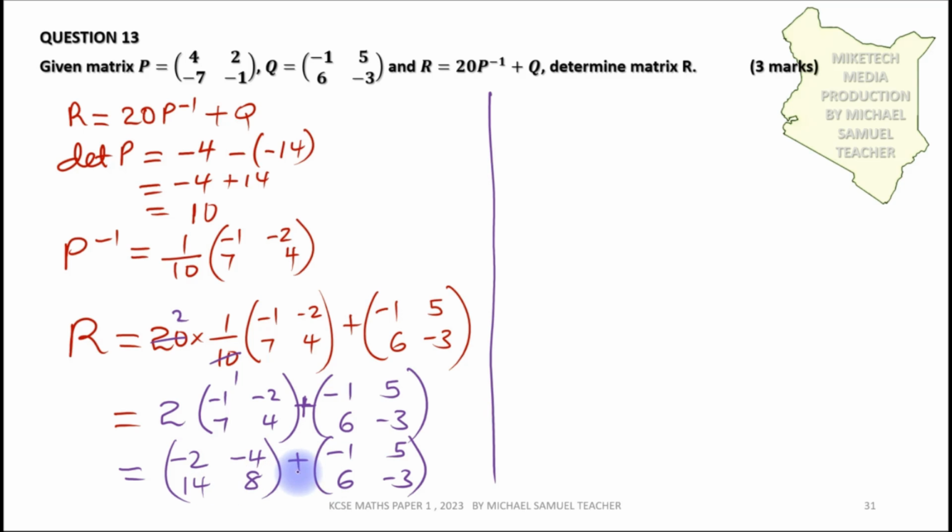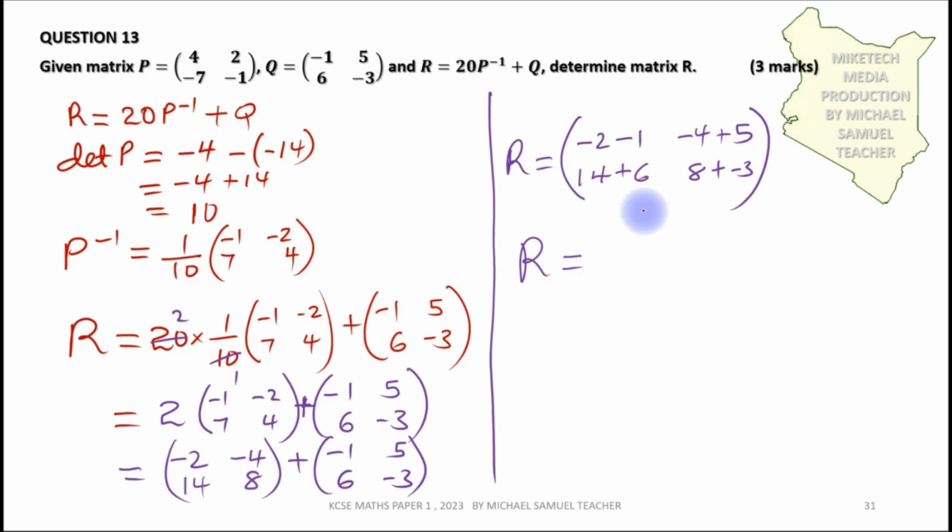So then we add corresponding elements. R will be equal to: minus 2 plus minus 1, then minus 4 plus 5, then 14 and 6, we add them, then 8 plus minus 3.